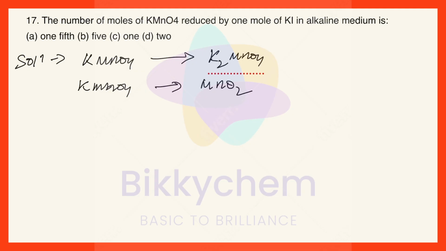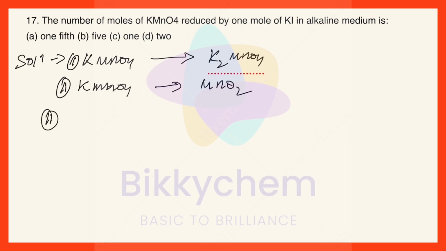So there are 2 possibilities. So let's see one by one. Let's see the second one first. This one is 1 and this one is 2. Let's see number 2.